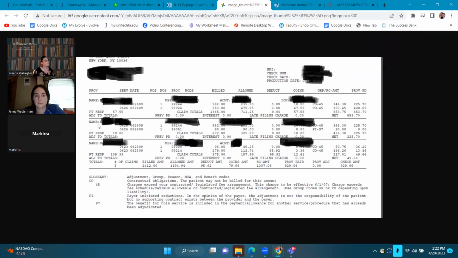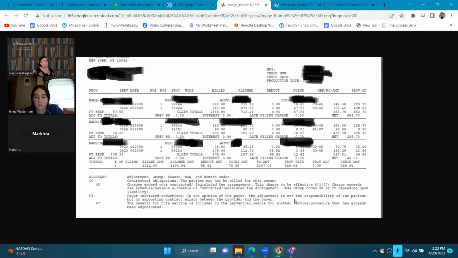All right, so let's go to patient B. So we see all of this. It says it's denying 225.70, CO 45, which we just read, PI 97. So let's look at PI 97. Prior initiated reductions in the options of the payer.